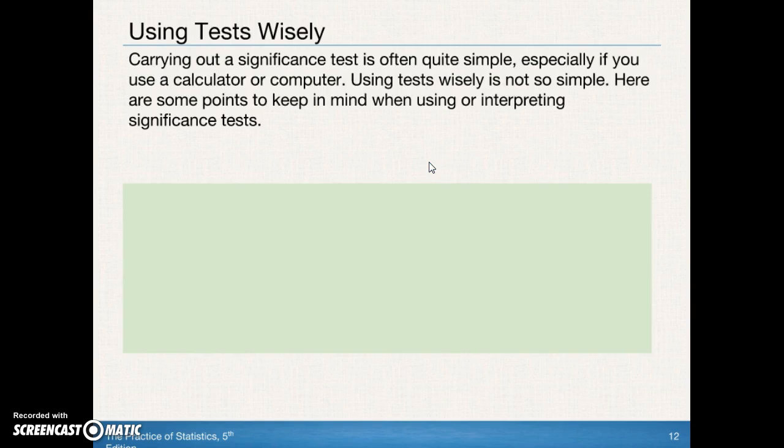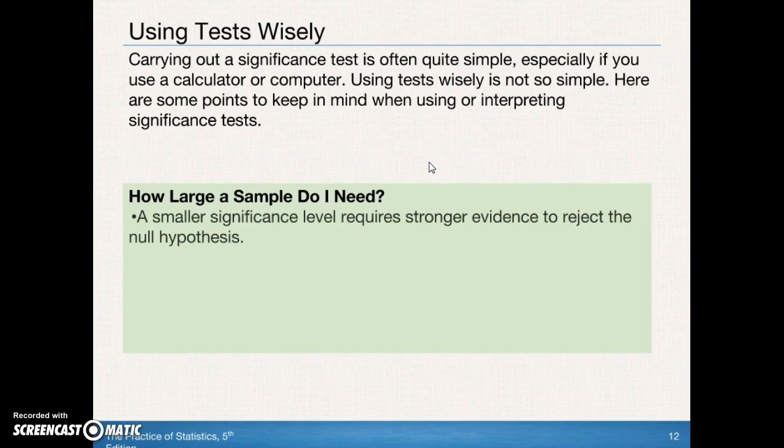The last part is just, again, a few key things not to forget about. Carrying out significance tests is pretty simple, especially when we're going to use our calculator later, but using them wisely can be kind of muddy. So again, how large of a sample do you need? If you want a smaller significance level, it requires stronger evidence to reject the null.